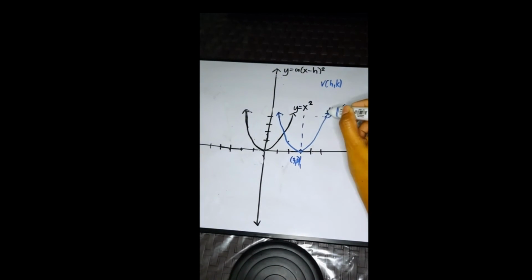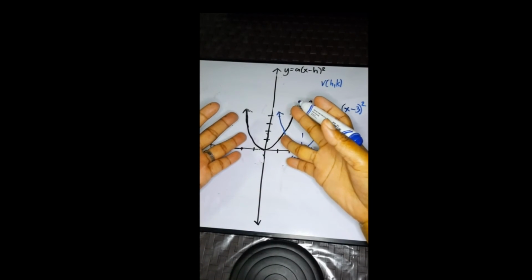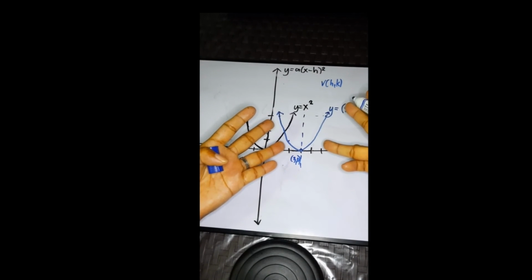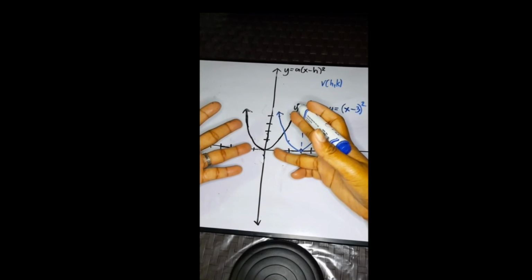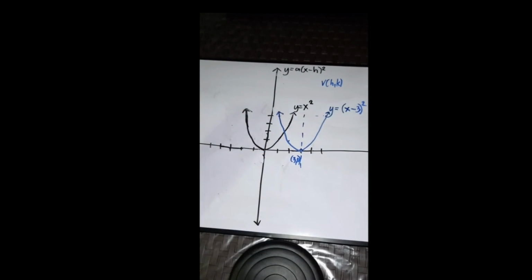So, naturally, pareho pa rin sila ng itsura ng graph ng y is equal to x squared. Nilipat lang natin ng position. So, from 0, 0 vertex, it will now become 3, 0. So, same na the graph opens upward.